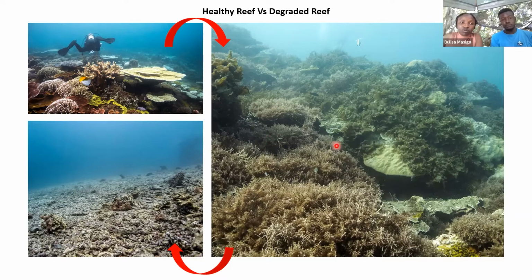So when you look at this other picture here, this is an area that's been overgrown by macroalgae. This happens when we remove herbivore fish like the rabbit fish or the surgeon fish from the ecosystem. These herbivore fish feed on the macroalgae. So when we remove them from the ecosystem, the macroalgae overgrows on these coral reefs, and it's not healthy for the reef to thrive when an area is like this.